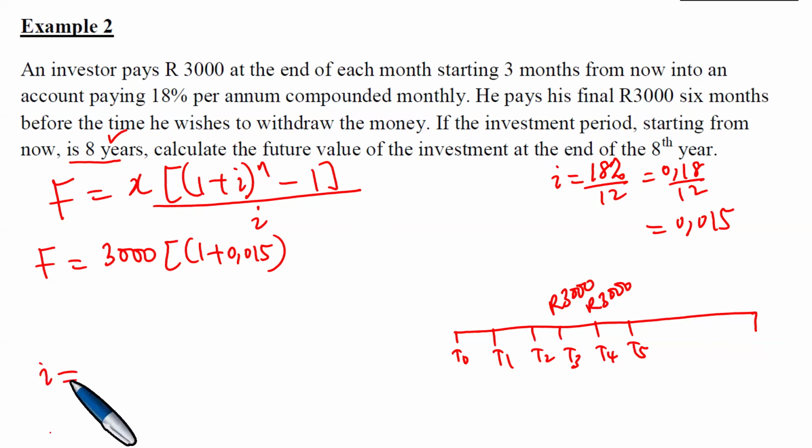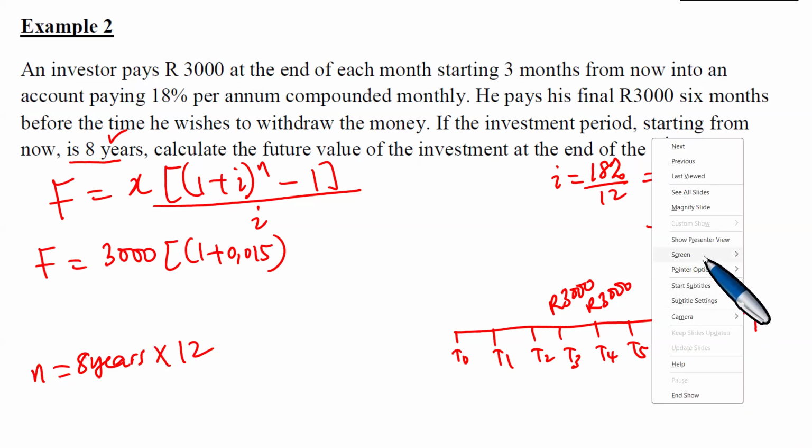So you need to say N equals exactly 8 years, and you multiply by 12. So now let us come here. I want to use a calculator.